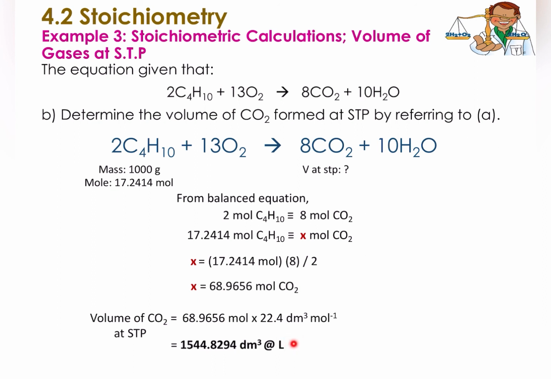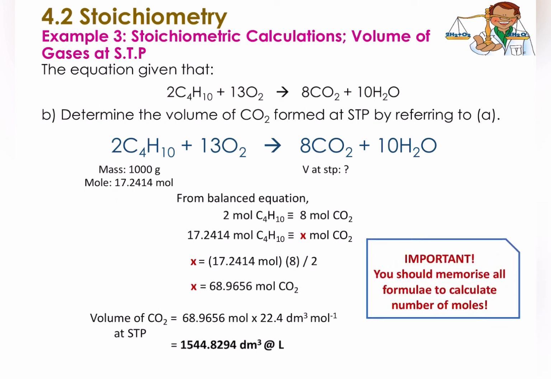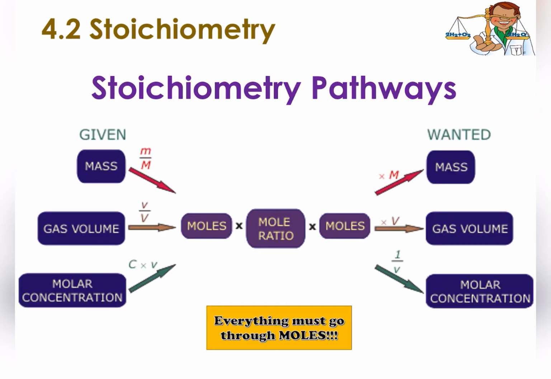So choose whichever you want. But the most important thing that you have to know is that you should memorize all the formulas to calculate the number of moles that you've learned so far in chapter 3, because we are going to use that throughout this stoichiometry subtopic. And everything must go through moles.